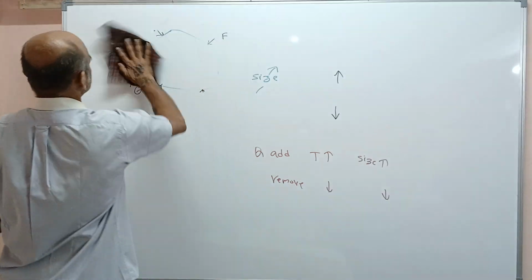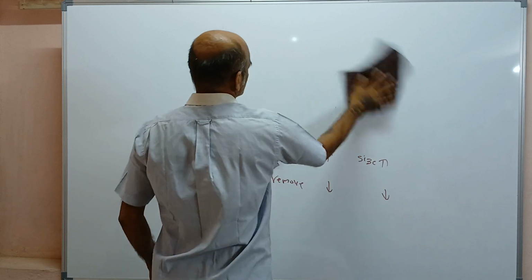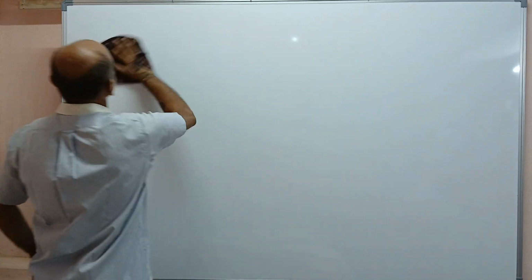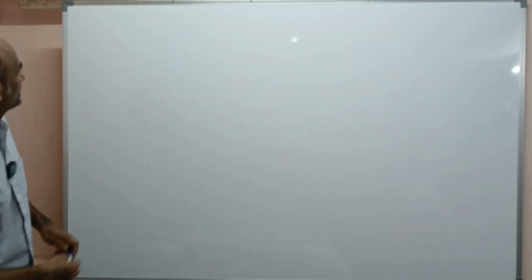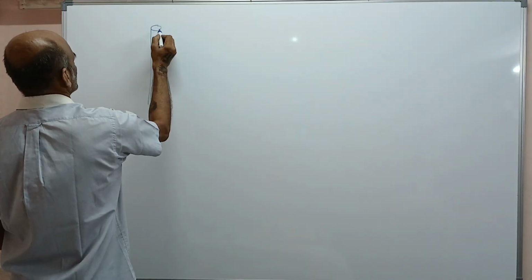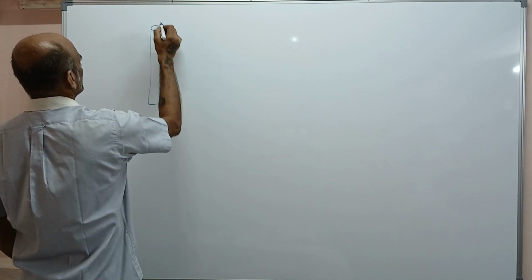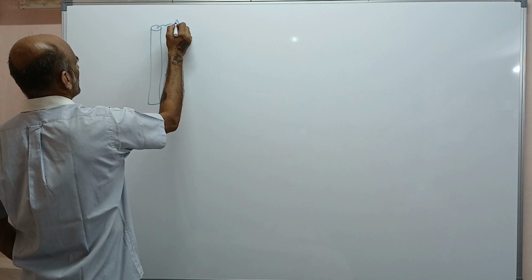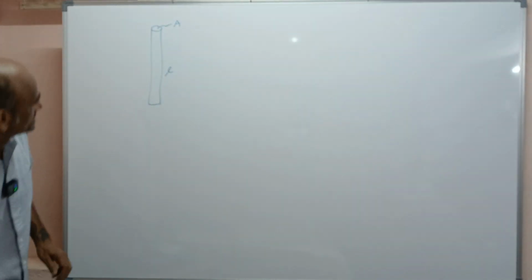Let me consider a simple case where the solid is a thin rod. Let the length of the rod be L and the cross section area be A. It's a thin rod of length L and cross section area A, and there is an external force, say, stretching the rod.